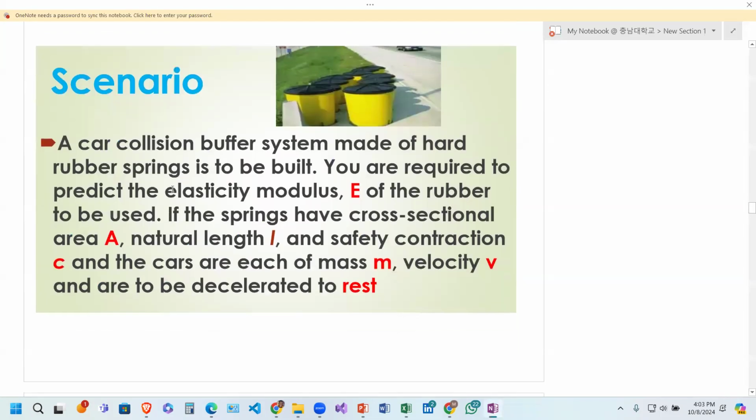So now let's look at a scenario. A car collision buffer system made of hard rubber spring is to be built. You are required to predict the elastic modulus E of the rubber to be used, if the springs have cross-sectional area A, natural length l, and safe contraction C, and the cars are each of mass M, velocity V, and are to be decelerated to rest.